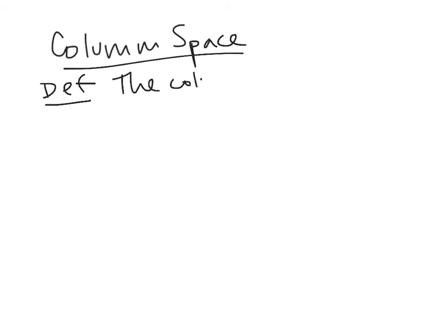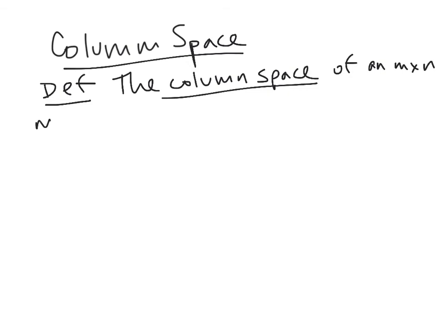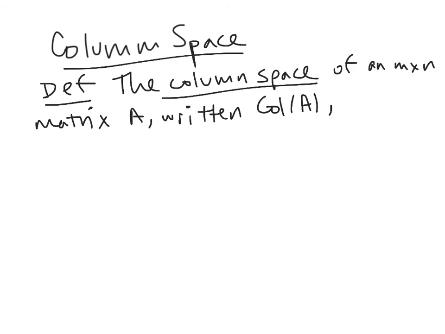So the column space of an m by n matrix, which we denote col A, is the set of all linear combinations of the column vectors.